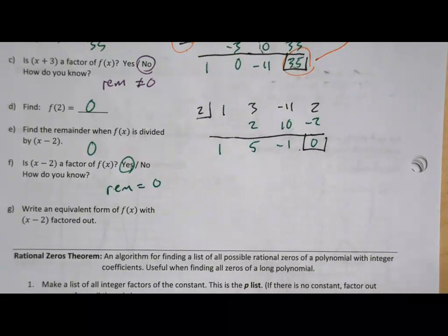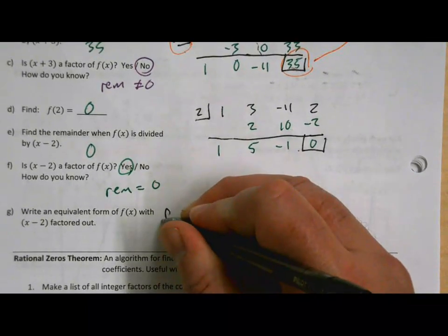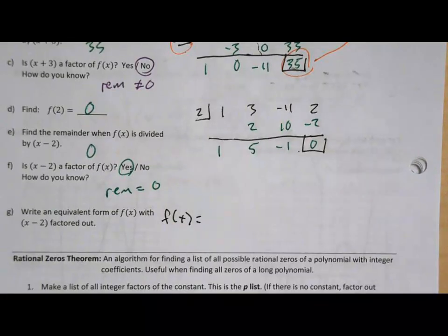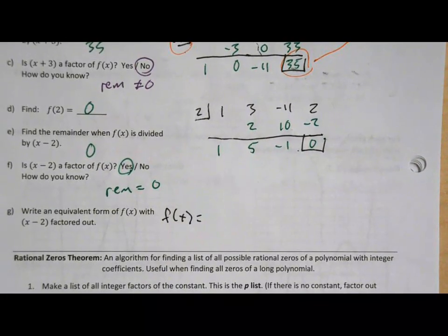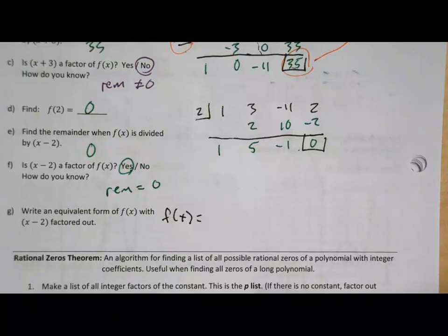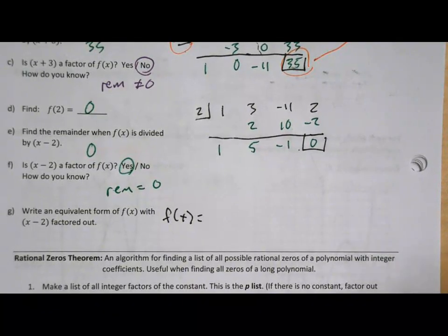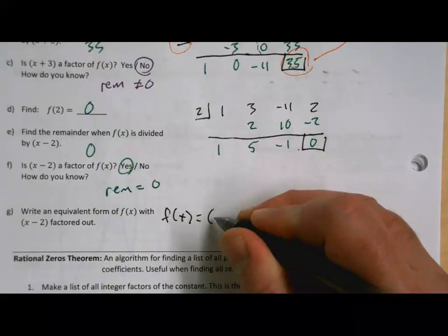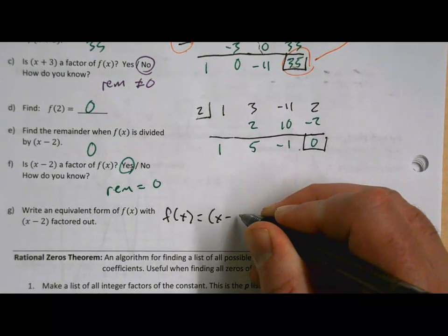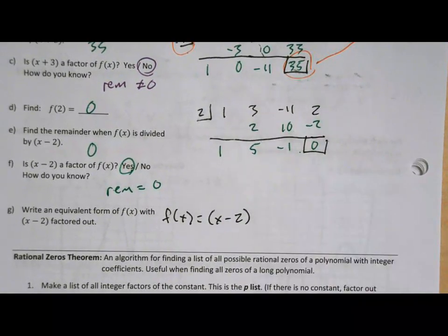Last thing I want you to be aware of is that when we do synthetic division, we're actually getting more information than just whether it's a factor or not. We found that x minus 2 was a factor. X plus 3 was not. X minus 2 was a factor.